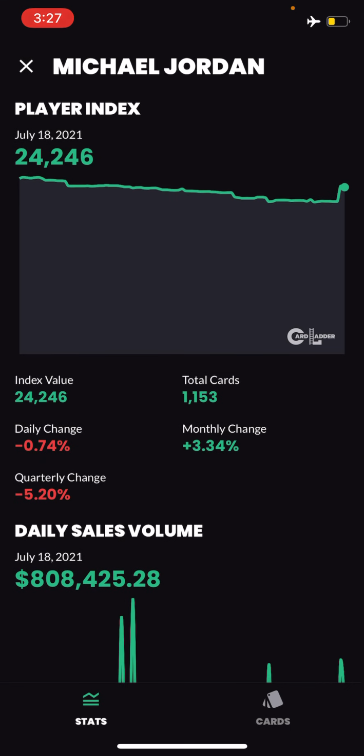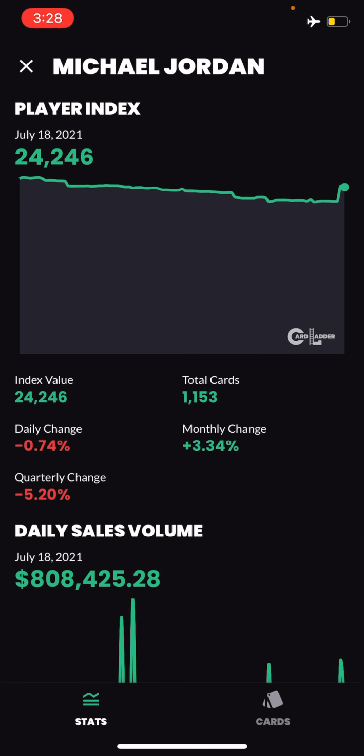Michael Jordan's always interesting. His volume, or his player index, is up because it looks like there has been a significant rebound to those elite Michael Jordan PSA 9s and 10s for his rookie. When we look at that, it had really dipped following an explosion that peaked around February to March 1st.